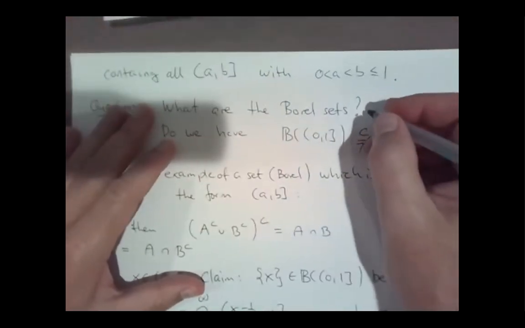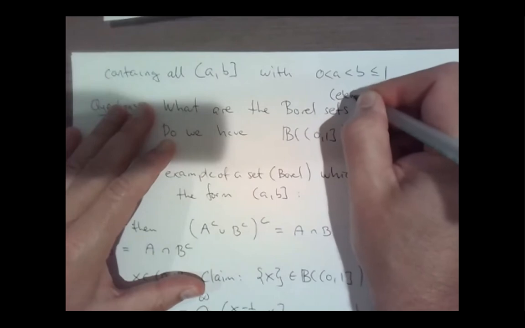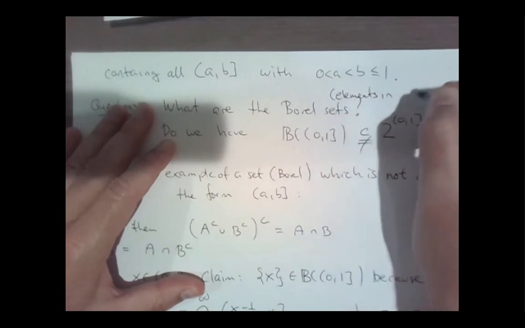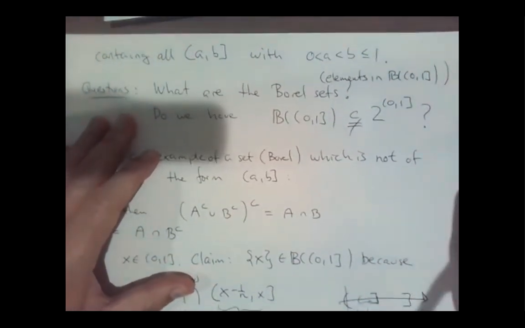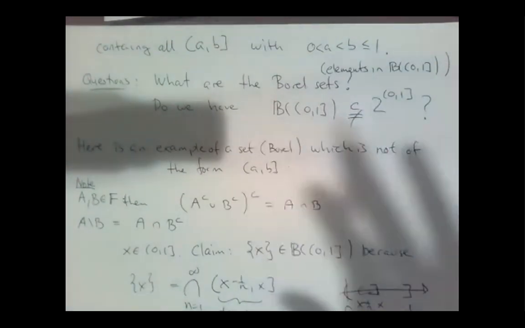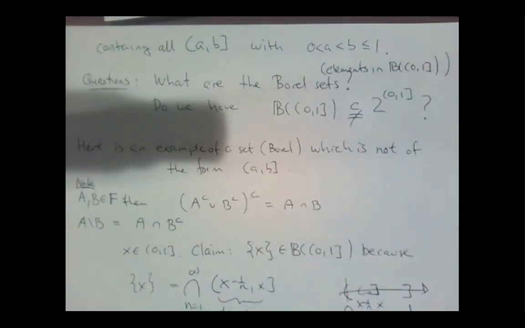So what are the Borel sets? These are the elements in the Borel sigma algebra on 0, 1. Oh, okay. The Borel sigma algebra is the set of all Borel sets.